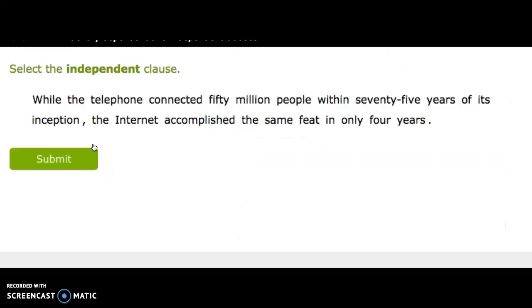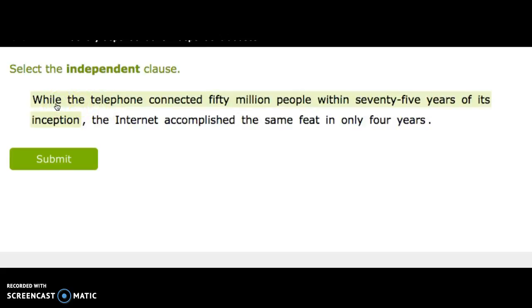In this case, we start with while the telephone connected 50 million people within 75 years of its inception. That's the dependent clause. The internet accomplished the same feat in only 4 years is an independent clause. So the dependent clause here starts with a subordinating conjunction.